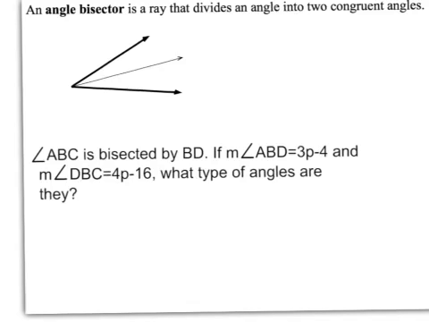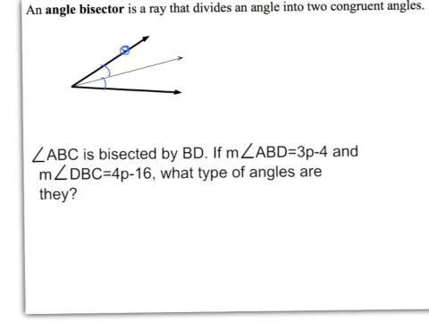We talked when we were speaking of segments about segment bisectors. There's also angle bisectors. This is a ray that divides the angle into two congruent angles, which we can mark as two congruent angles, same amount of arcs.